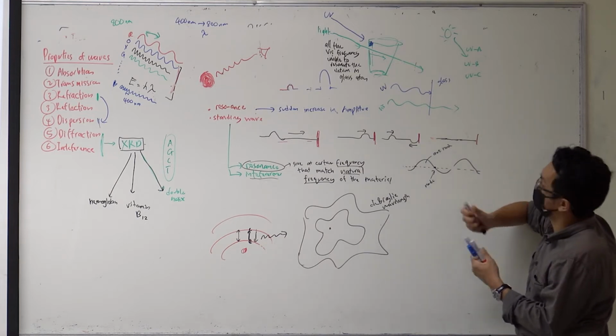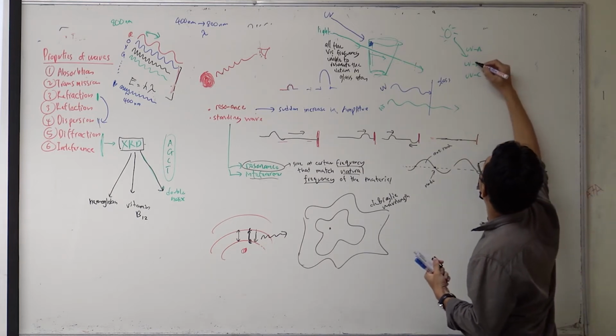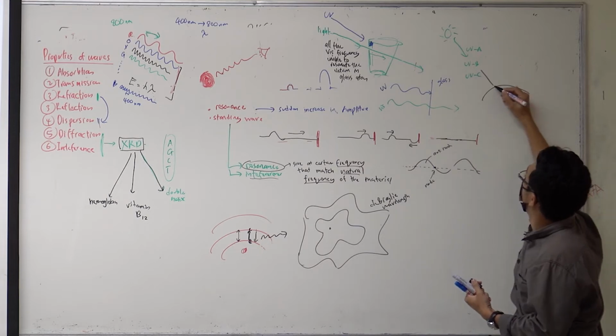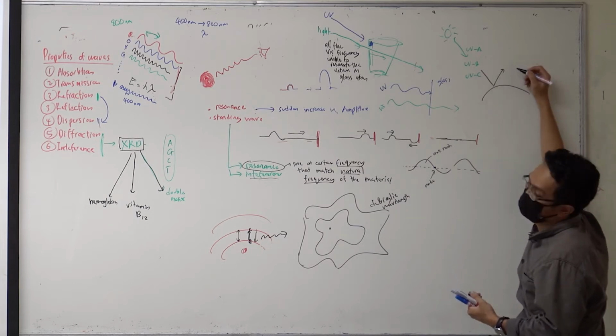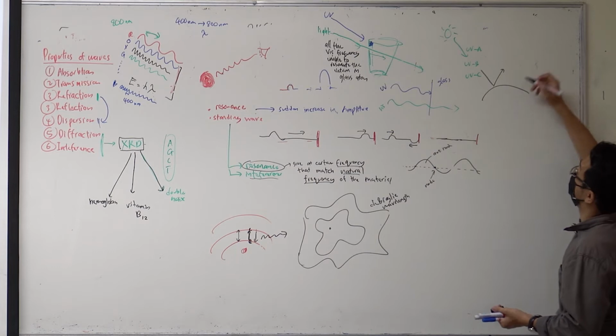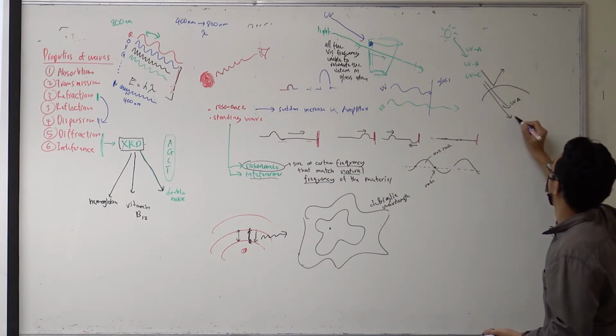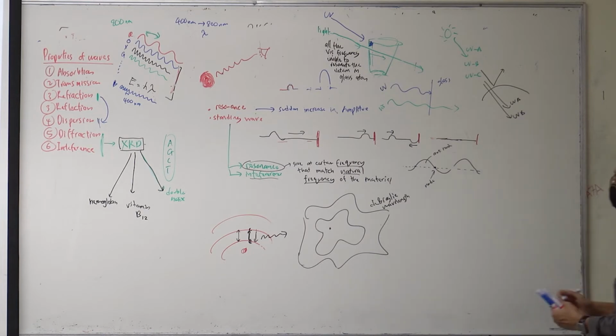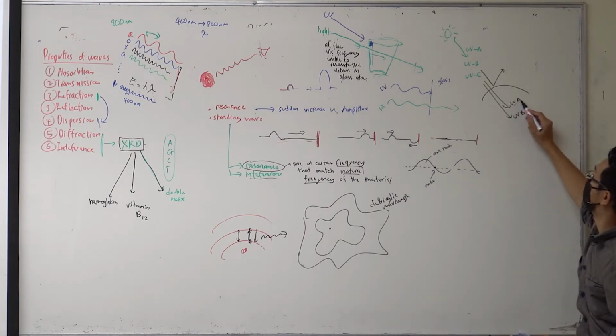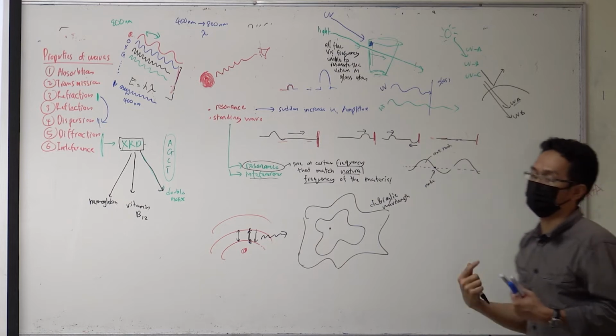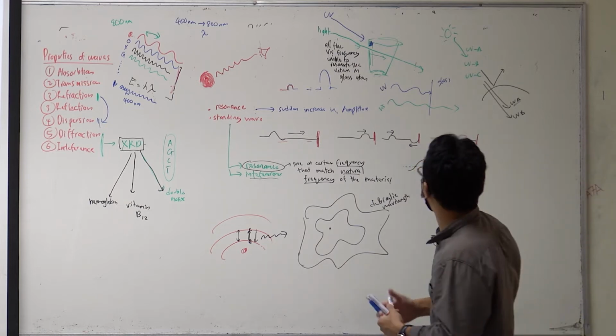UVC is the most dangerous. So when the sun hits the earth, the UVC is basically absorbed or reflected. What comes down is basically UVA and also UVB. UVA is what makes you tan or sunburn, because it's UV.